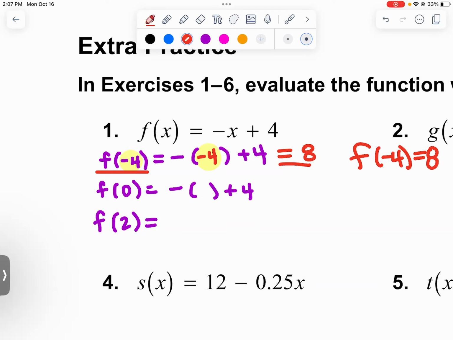So I'm going to write negative parentheses plus 4, but instead of x, I'm going to plug in 0. What's negative 0 plus 4? Positive 4. So f of 0 equals 4. Negative 0 is not a thing.